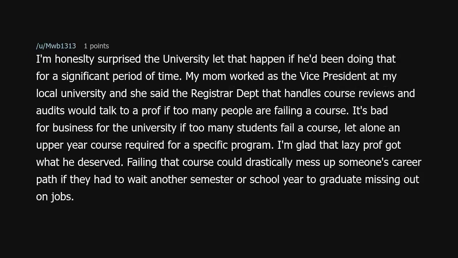I'm honestly surprised the university let that happen if he'd been doing that for a significant period of time. My mom worked as the vice president at my local university, and she said the registrar department that handles course reviews and audits would talk to a professor if too many people are failing a course.